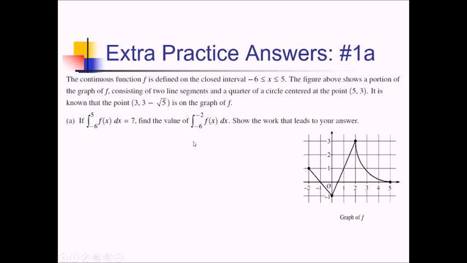In general, we can say that the area that we're looking for, integral from -6 to -2, is going to be the whole area, integral from -6 to 5, minus this area that we can see, from -2 to 5. Because I want to get just a piece of it, so I have to take the whole area and subtract the part that I don't want, which is pretty much everything after -2.